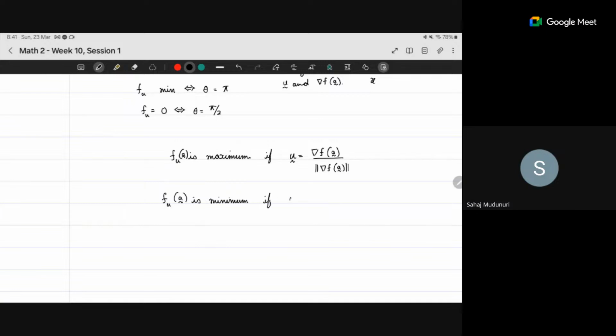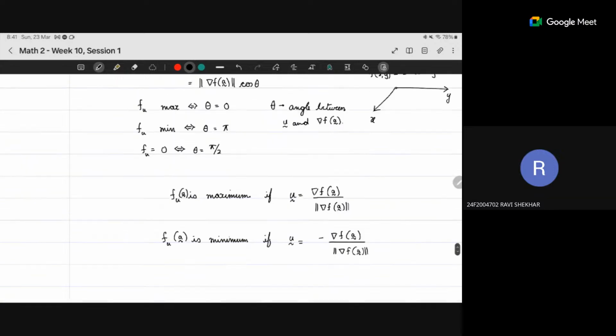And what happens if, can you complete this then? Anyone? Minus of. Yeah, here you need minus of, because theta equal to pi means that it is a scalar multiple of the gradient, but that scalar multiple is a negative number.